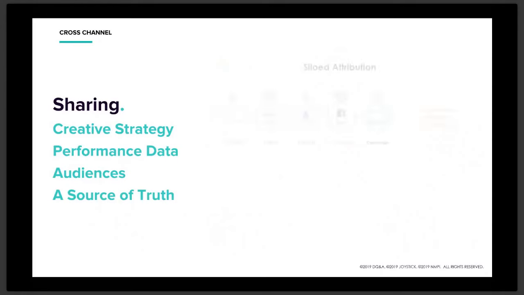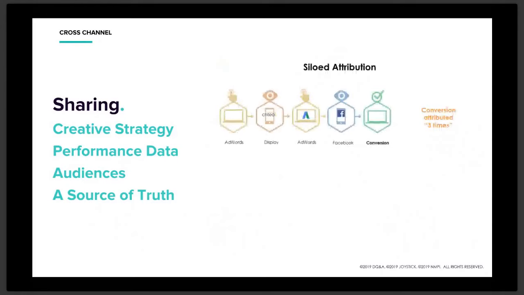This effect can be seen in the example here, where 3 channels would have claimed responsibility for driving the single sale. Anecdotally, I've heard stories of paid social claiming up to a ridiculous 50% of total digital revenue as a result of this silo view, with over 80% of overall revenue already accounted for by properly attributed channels. This overvaluation of Facebook's role in the conversion path ends up having the inverse effect, causing advertisers to undervalue social.